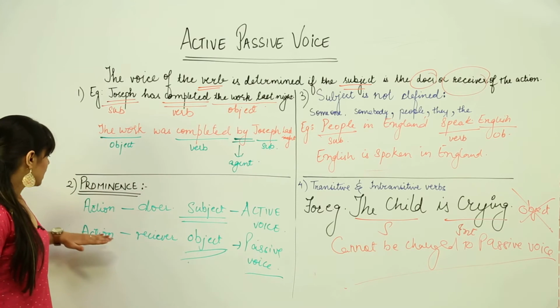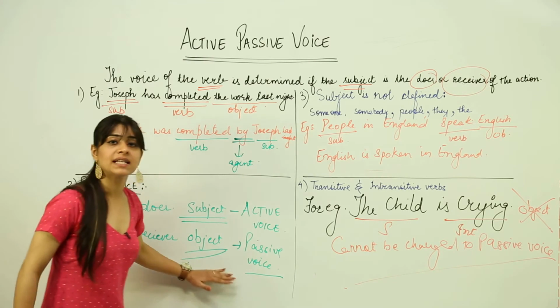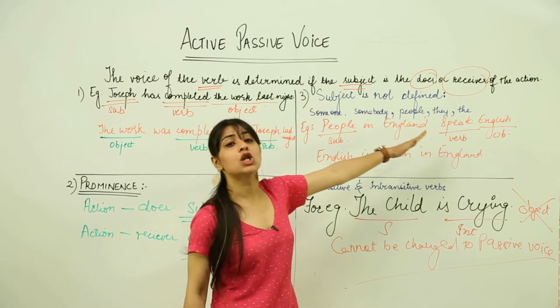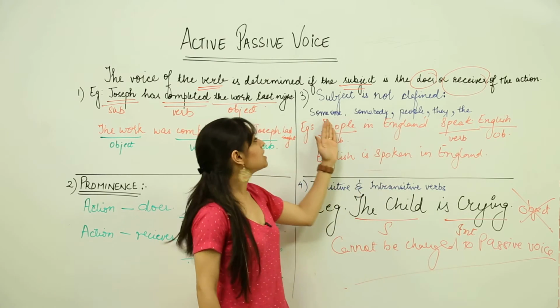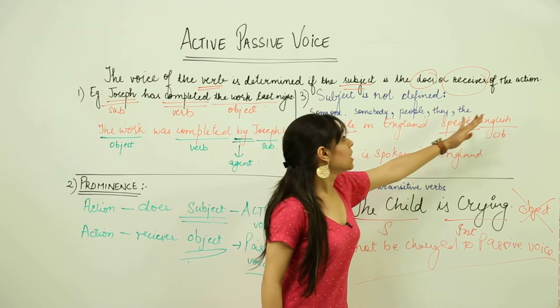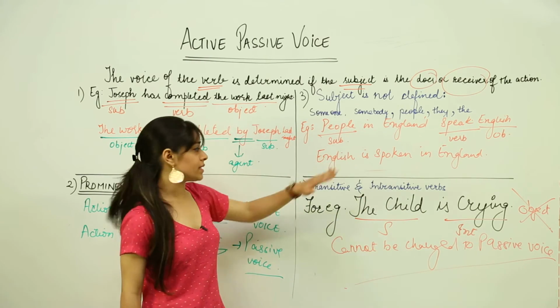But if the action is done by a receiver or the object, it becomes a passive voice. In cases where the subject is not defined properly and words like someone, somebody, people, they are used, then we tend to use the passive voice.